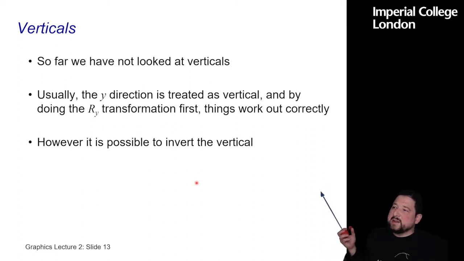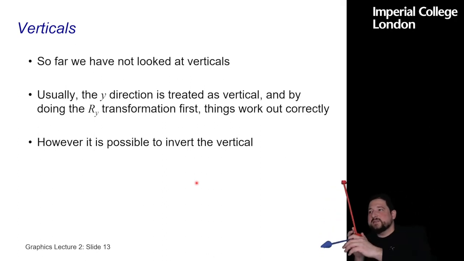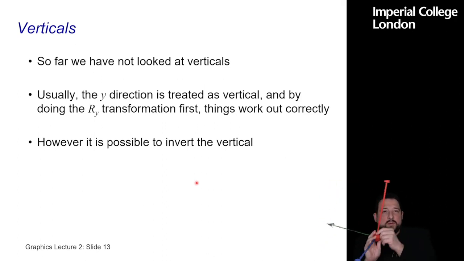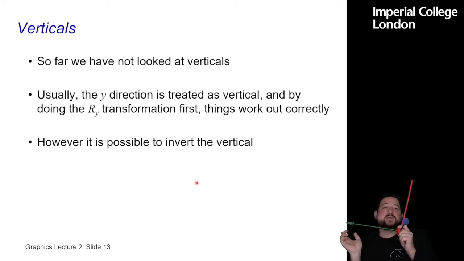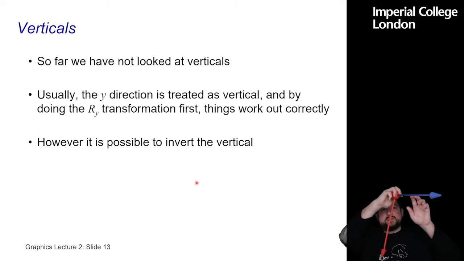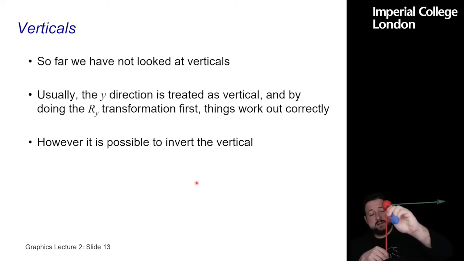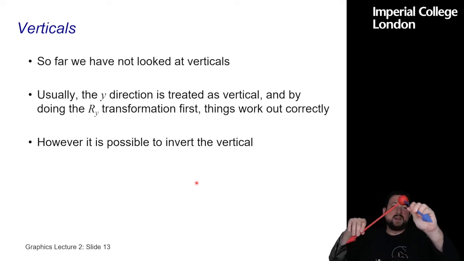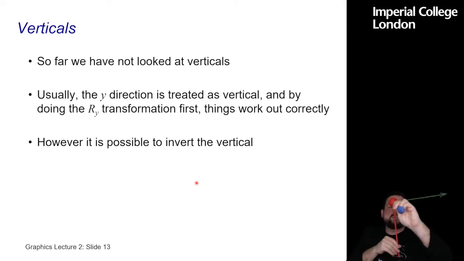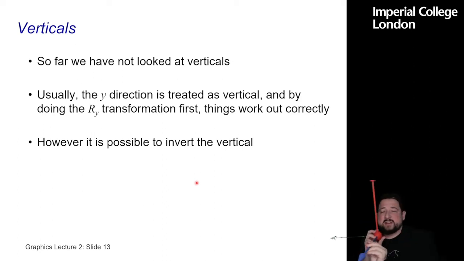Usually the y direction is treated as the vertical, and by doing the Ry transformation first, things should work out correctly. So it should look up first. If you do the Rx rotation first, then you might end up with a flipped y coordinate, and that's not great, especially if you flip around, then you're going up, down, and you flip your scene all the time. This is not great.